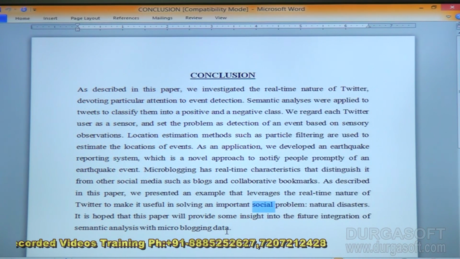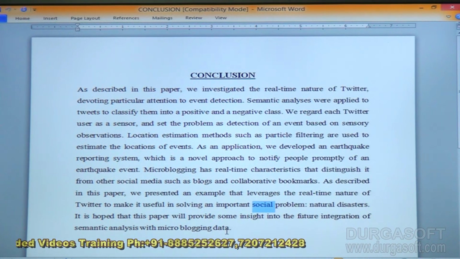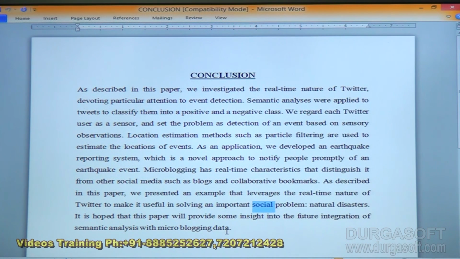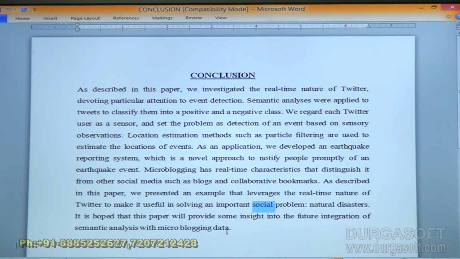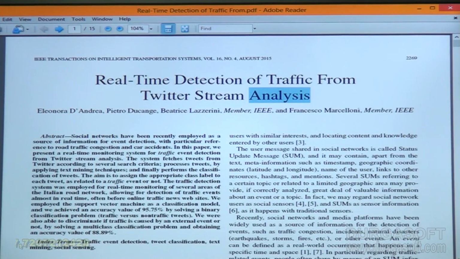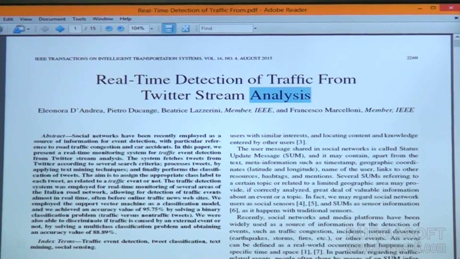I can use Facebook data, Twitter data, or other use cases, and integrate them more effectively with real-time solutions. All these things, referred from this conclusion, are our project's main theme, that is, real-time traffic detection from Twitter stream analysis.